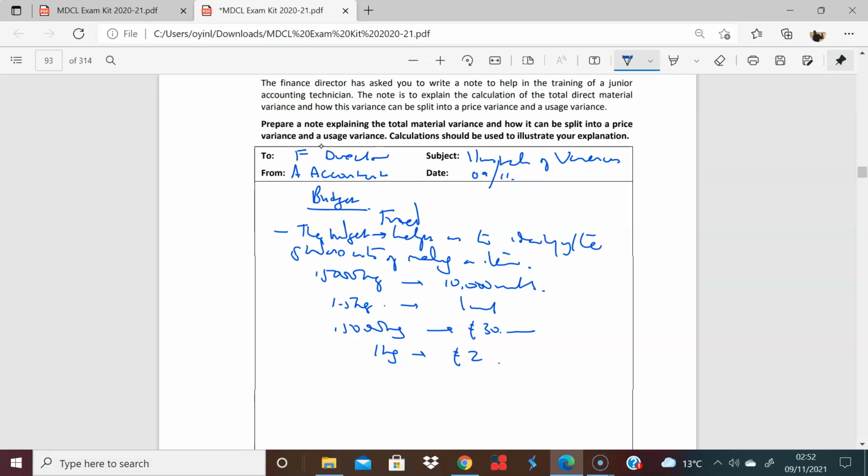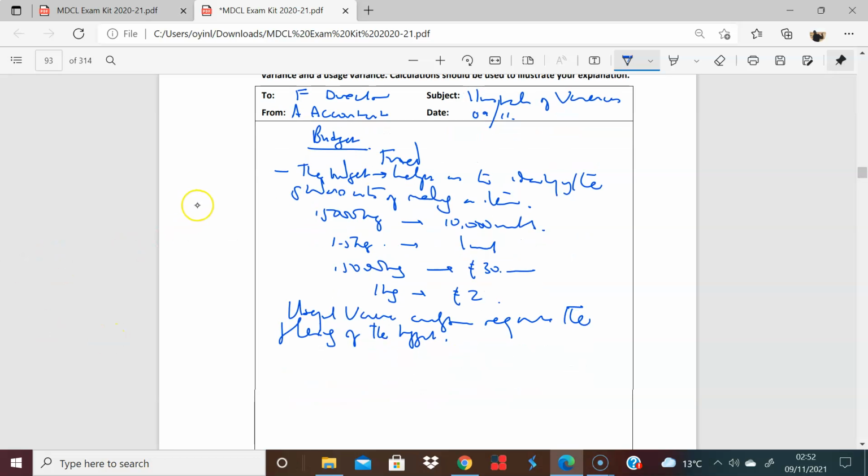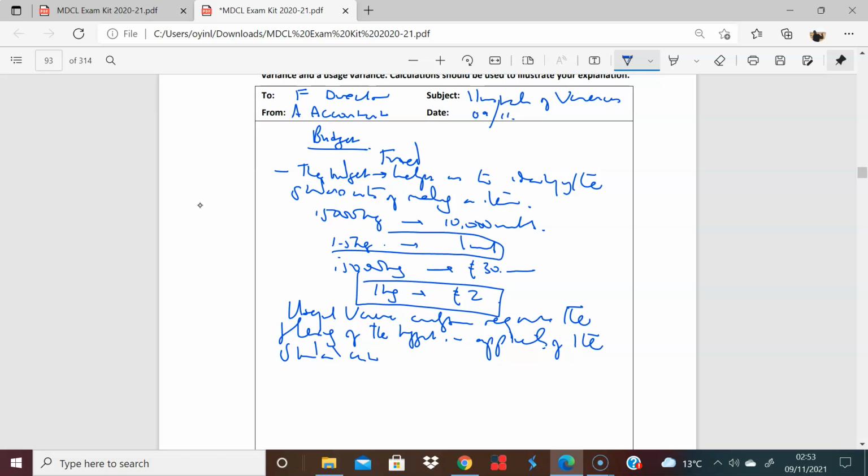The next point is that useful variance analysis requires the flexing of the budget. The process of flexing this budget is the application of the standard costs to the actual units.